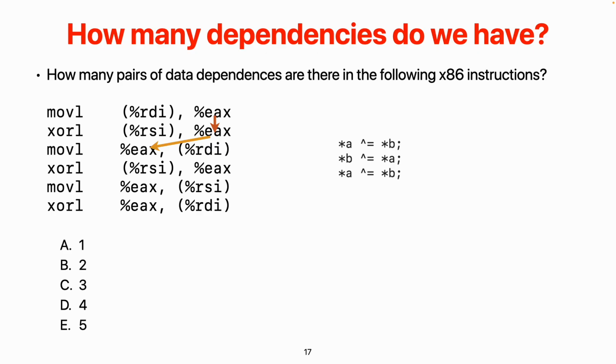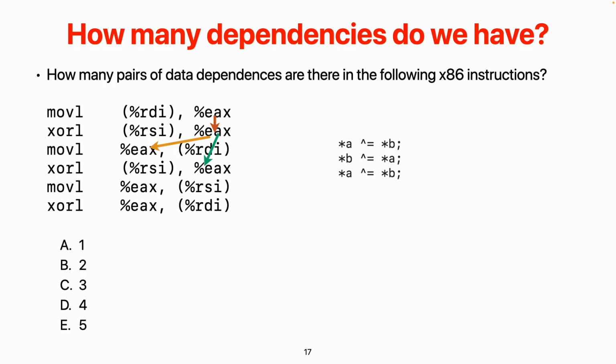How about the fourth instruction? What kind of data dependency does it have? Also instruction 2, right? Instruction 3 simply moves the content of EAX to a memory location. It doesn't modify EAX. So the EAX of the second exclusive ORL comes from the second line.